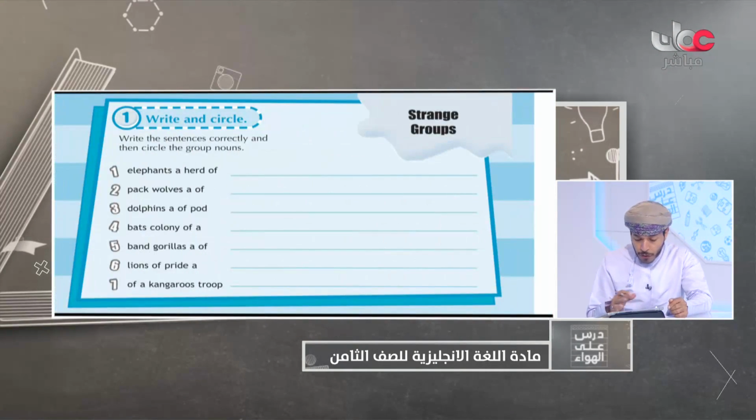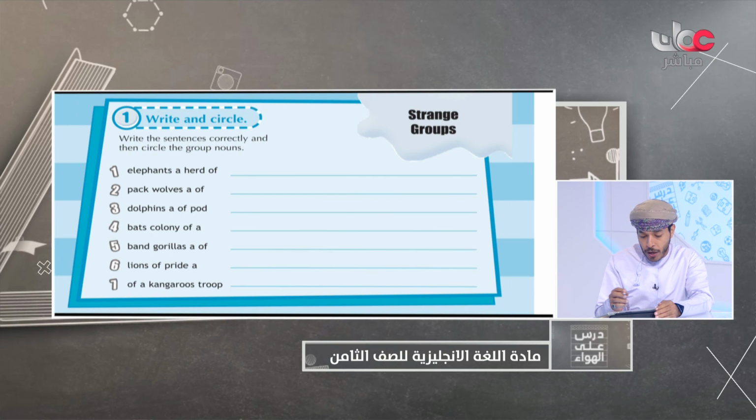Now, let's move on to the next page, which is in your skills book. And here you are going to write and circle. Write the sentences correctly and circle the group noun. So here we have a group noun. Group.